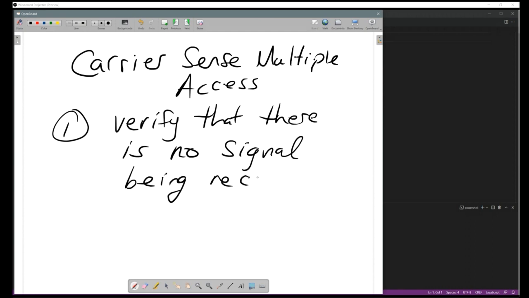If you're using a copper cable for your connection, all you have to do is detect if there's any electricity flowing in from where you're about to send out. If there's no signal being received, that means nobody's using the connection, so the connection is free.